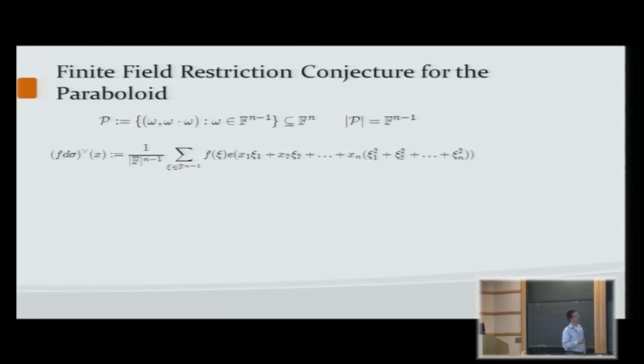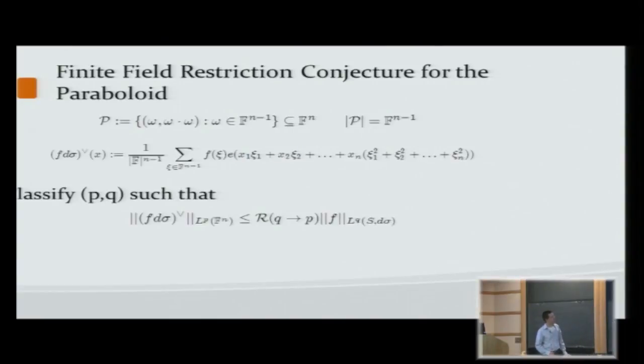When I talk about the dimension of a set, I mean the exponent of the field size. And so I define this operator associated to the n minus 1 dimensional set. I have a function on the subset, I take its inverse Fourier transform, and I get a function on F^n. So this is n coordinates for x.